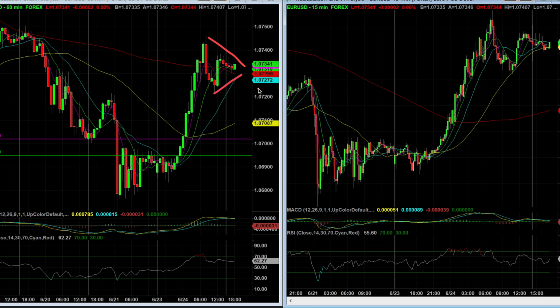Let's see which way it goes. Okay, for the 15 minutes, it's above 200 moving average. Now the 60 minutes seems like it wants to stay above 200 moving average. As long as above 200 moving average, euro should be bullish. The uptrend continues. Okay, very simple.